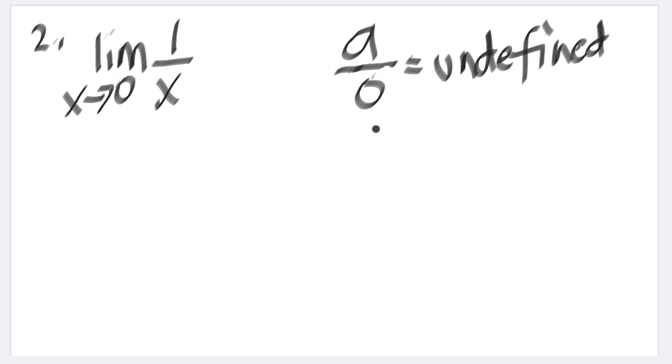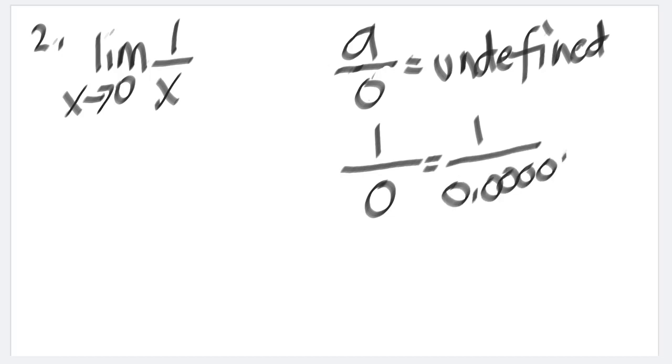But in calculus, when we say 1 over 0, that is close to approaching a very, very large number. You try dividing, let's just say 1 divided by 0.0001, you will yield a relatively large number.